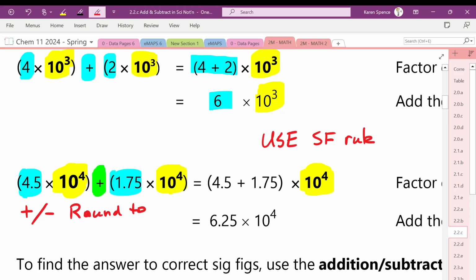Round to the first uncertain digit. So we have a 4.5 and we have a 1.75.